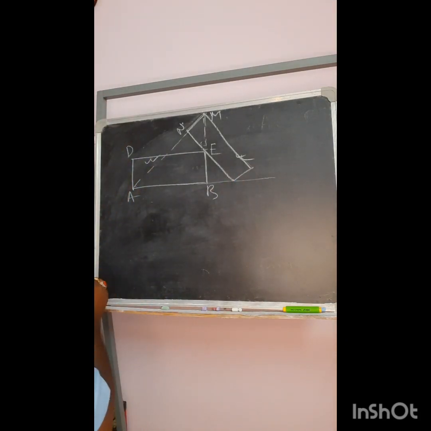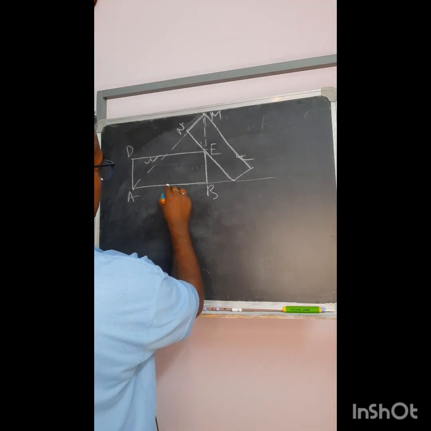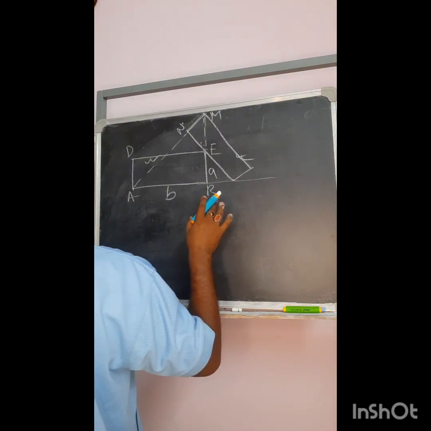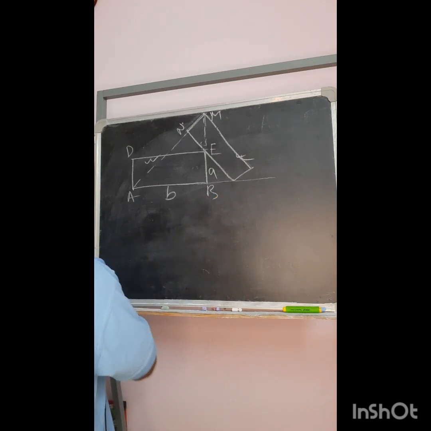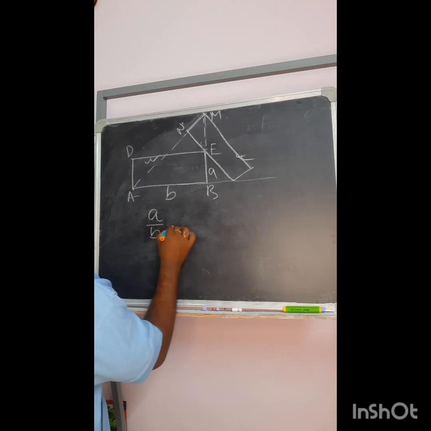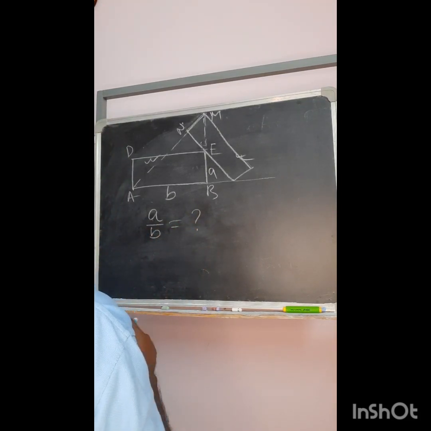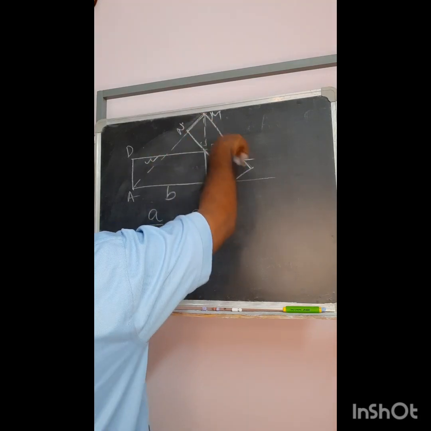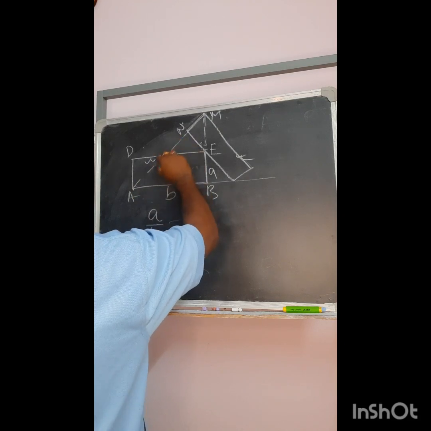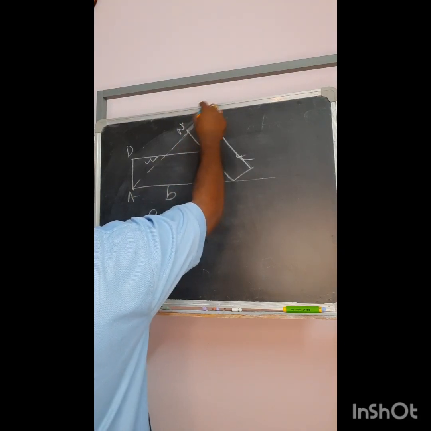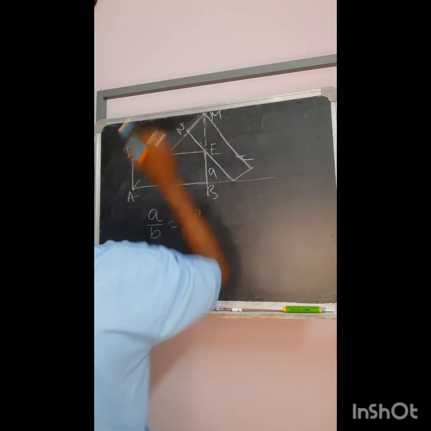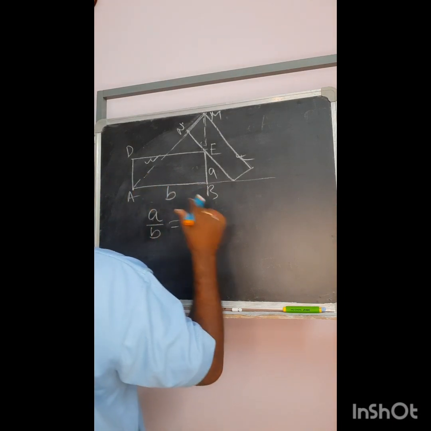The longer side is B and the smaller side is A. Now you have to find the value of A upon B. Let me check that I am not missing anything. These are congruent rectangles placed together, and the only condition is that these lines are collinear: A, N and M are collinear, and B, E and M are collinear. You have to find A by B.